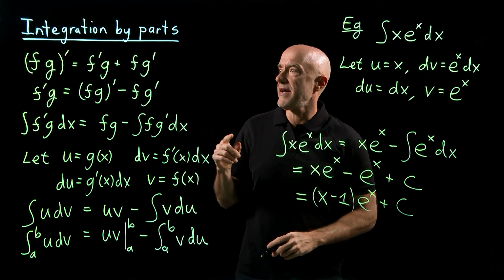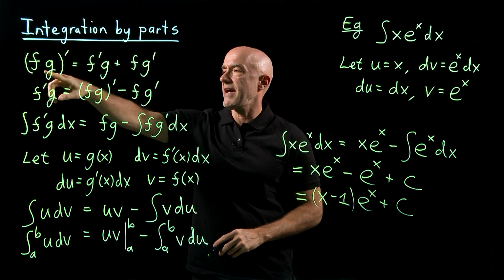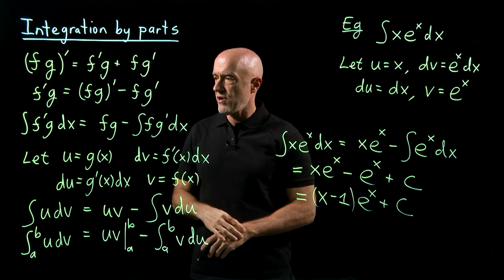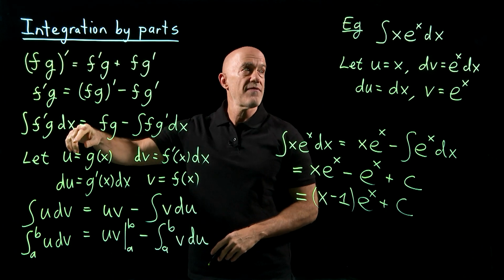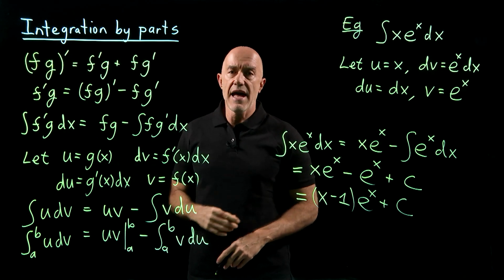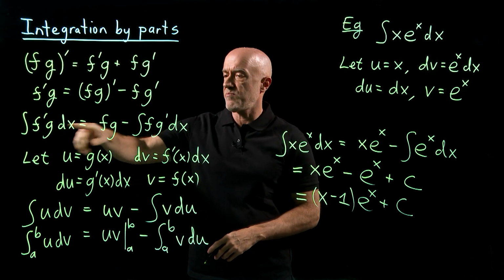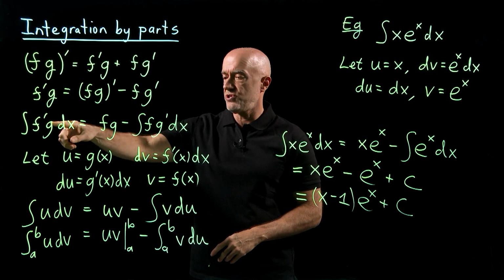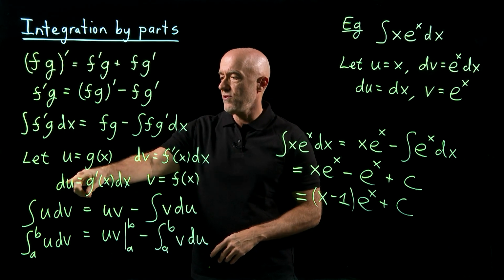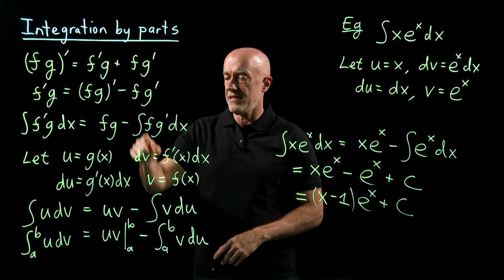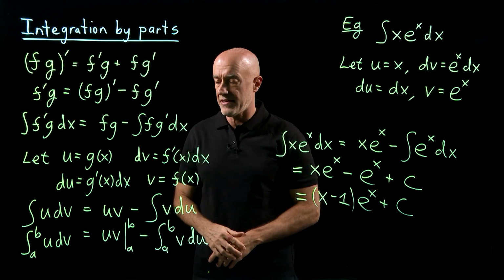So let me summarize. Integration by parts is a technique that depends on the product rule. The way you implement integration by parts is that if you have an expression such as f prime g dx, and you think it's easier to integrate an expression f times g prime dx, then you can let u equals g of x, dv equals f prime dx, du then is the differential here, is g prime of x dx, and v is the integral here, is just f of x.